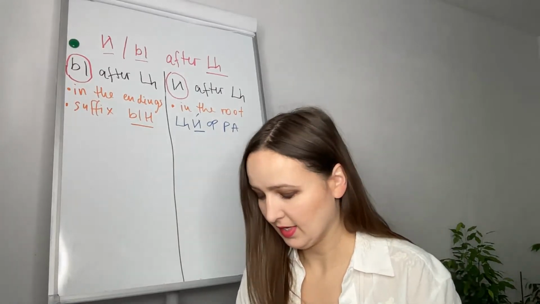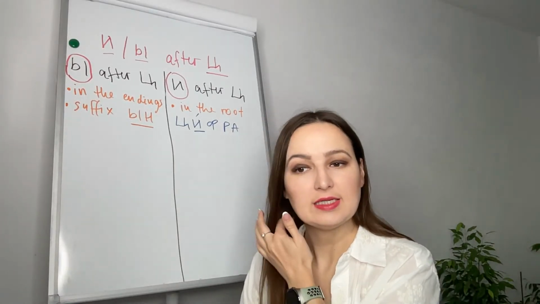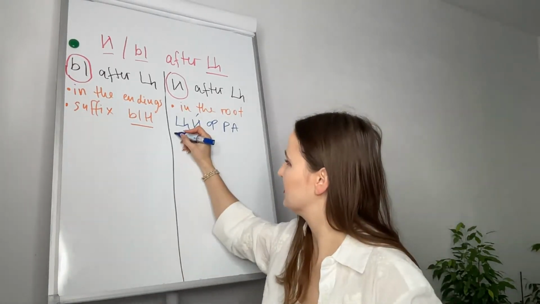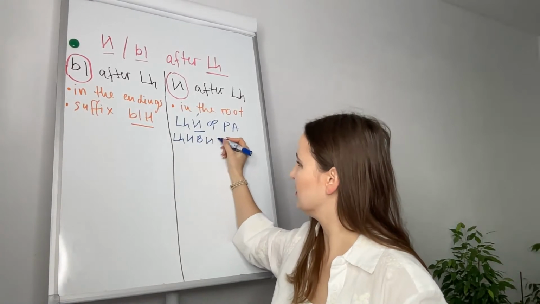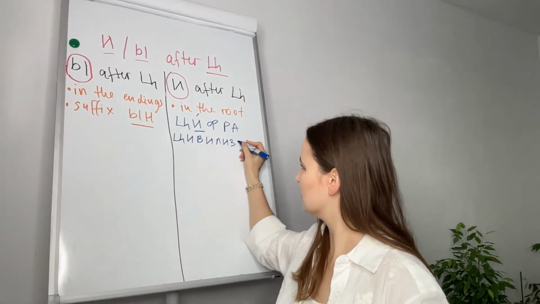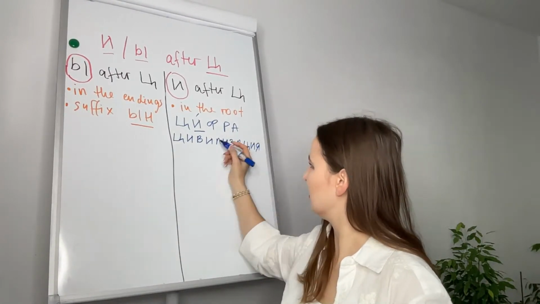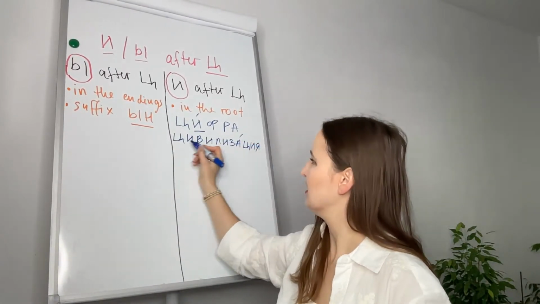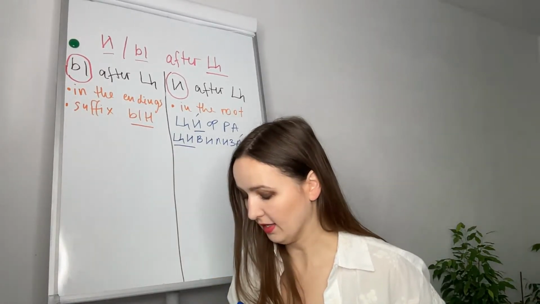Or another example is цивилизация, civilization. Here И as well.